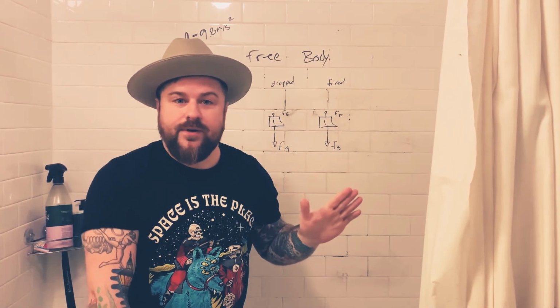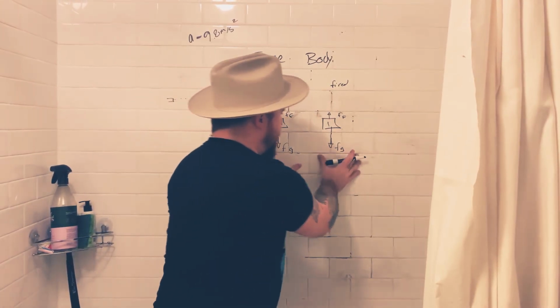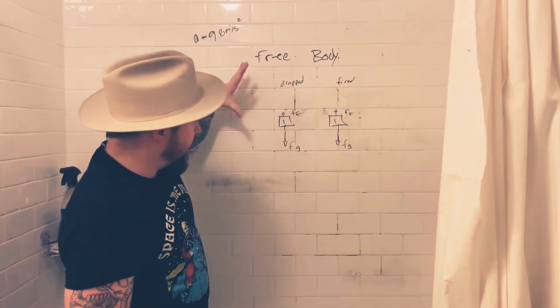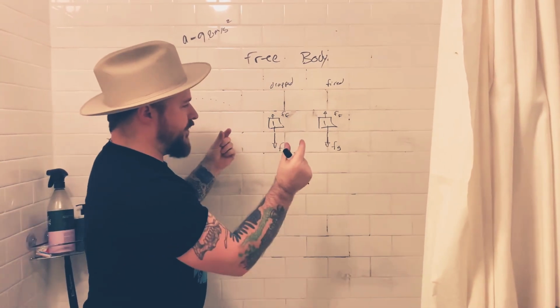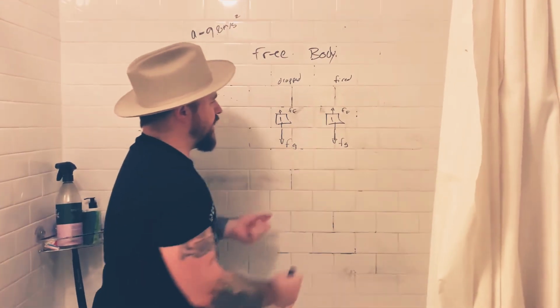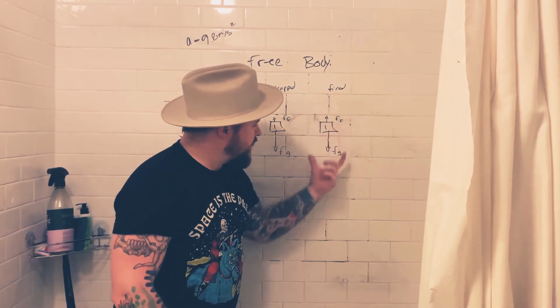But that is completely wrong. These two are simulating the exact instance where this is dropped out of my hand and this is fired out of the gun. After those two things happen, this is what we're looking at: the dropped bullet experiencing gravity and the fired bullet experiencing gravity.